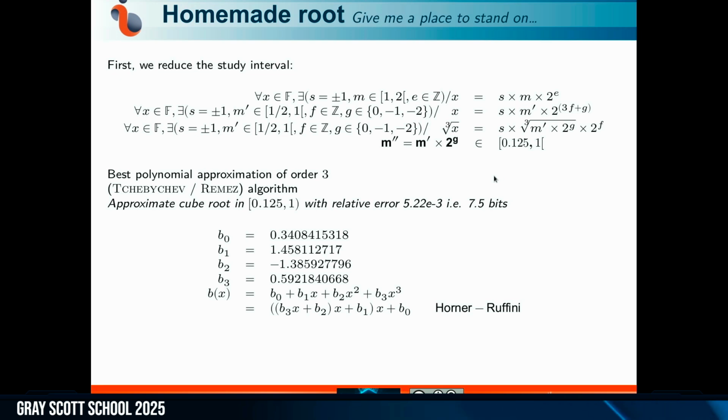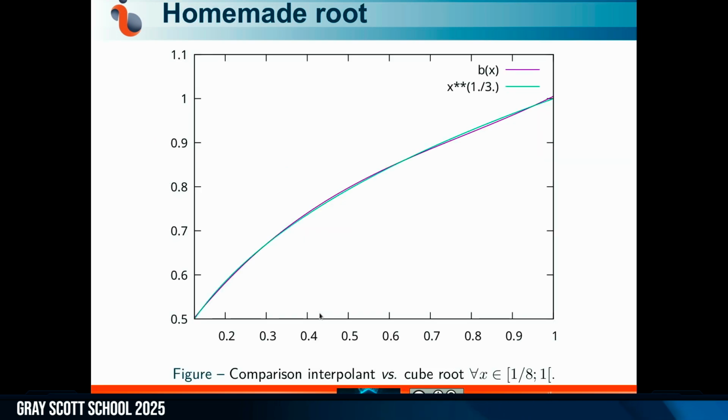So we have limited the study interval, and we use a Chebyshev polynomial using the Remez algorithm to get the coefficients of this polynomial. And we, of course, express it using the Horner-Ruffini method, and very likely using FMA, as you can see here, a product and a sum in the same group.